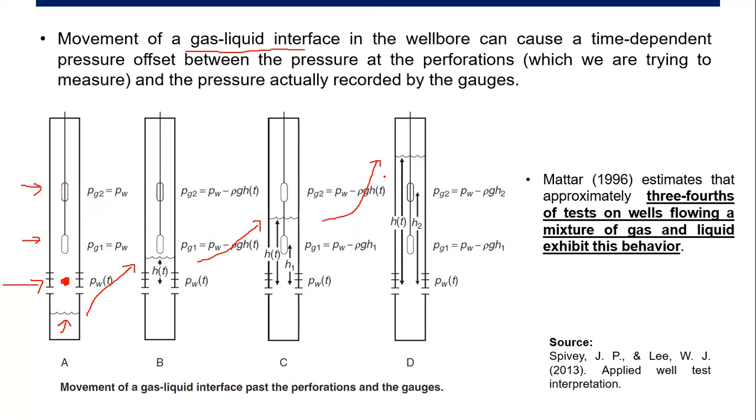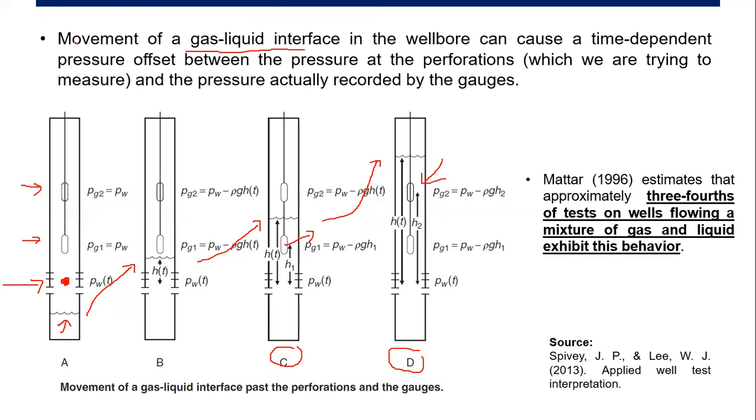And at some point, the interface passes through both gauges. Initially at point C, the interface passes through the lower gauge, and at point D, the interface passes the upper gauge.